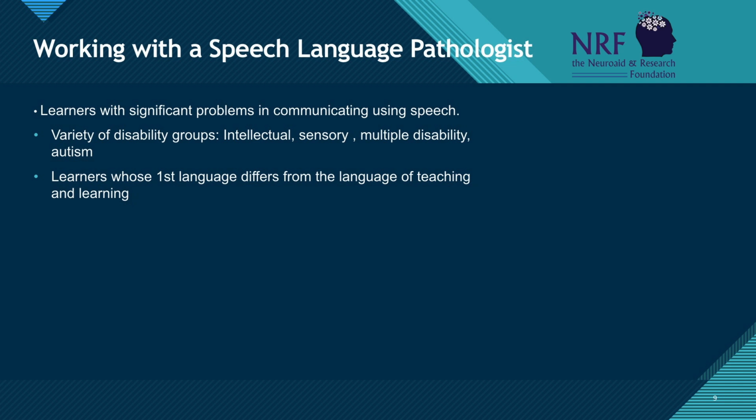Working with a speech language pathologist. Learners with significant problems in communicating using speech, a variety of disability groups, whether it is intellectual disability, sensory, multiple disability, or autism, and learners whose first language differs from the language of teaching and learning. These groups of people rely on AAC in education.